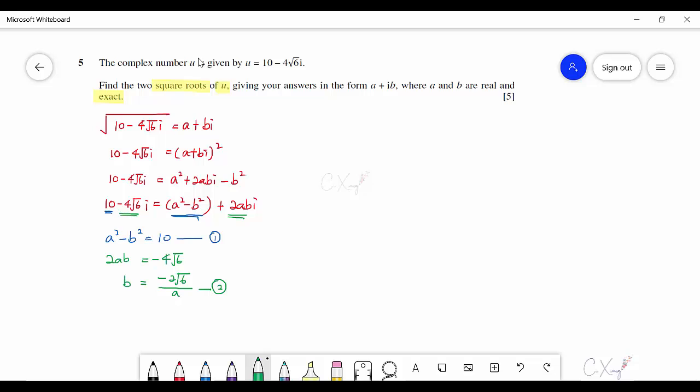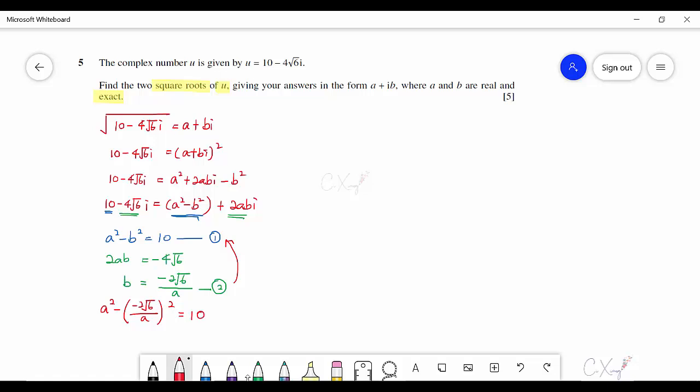Okay, so I think the concept is quite simple, where you need to just solve the simultaneous equations to get a and b. All right, so I will start by substituting equation 2 into equation 1. So I'm having a square minus b square equals to 10.